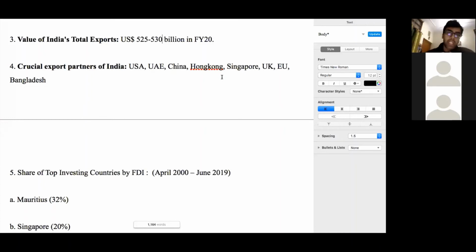These are for the entire financial year 2020, which was April 1, 2019 to March 31, 2020. These are the final figures for India's total merchandise exports. Now, let me be clear. When we talk about exports, we are not talking about services exports here. We are only talking about exports of goods. That is, physical goods that are exported from India. This is that figure.